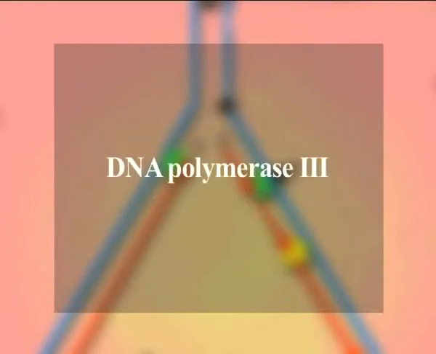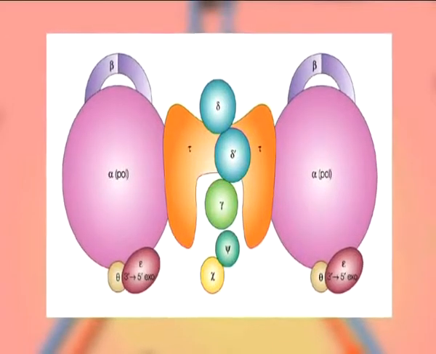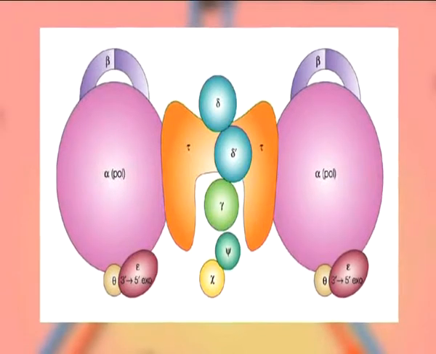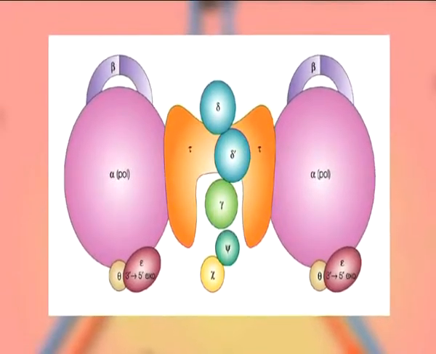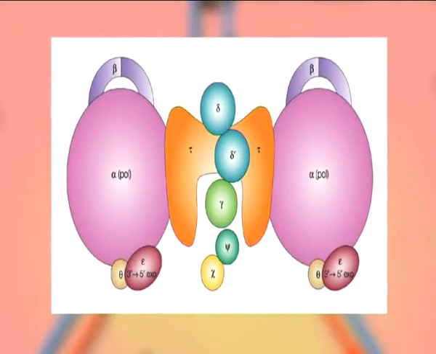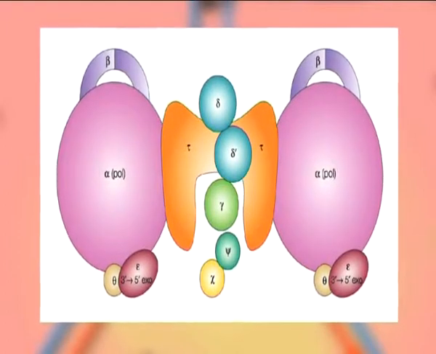DNA polymerase 3. DNA polymerase 3 is a hetero-multimeric enzyme with a molecular mass of about 900 kD in its complex or holoenzyme form. The core polymerase that has catalytic activity consists of 3 subunits: alpha subunit has 5' 3' synthetic activity, epsilon subunit has 3' 5' exonuclease activity, and theta subunit is stimulator of the 3' 5' exonuclease activity.